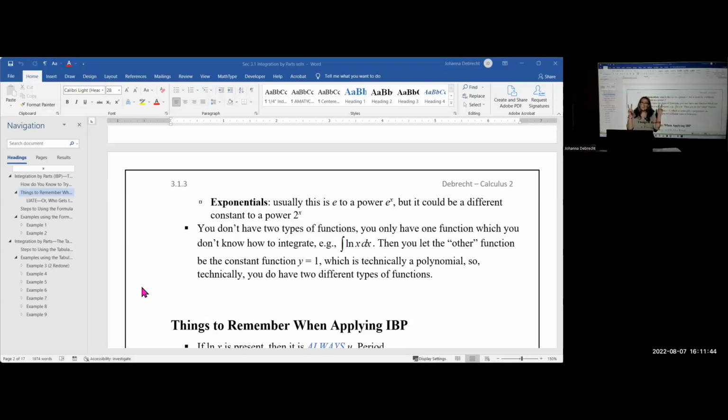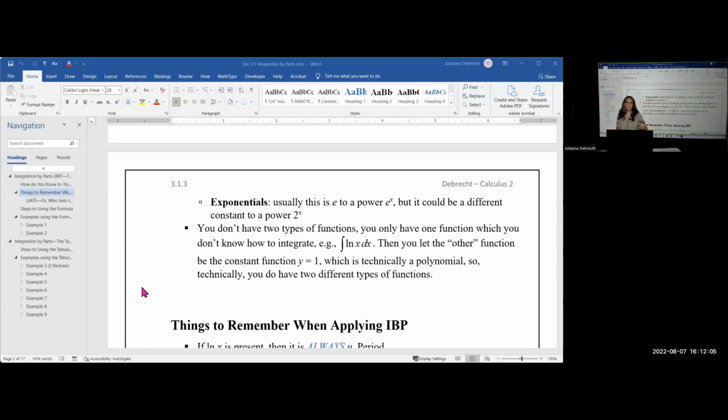So you let the other function be a 1. Well, actually, technically, 1 is y equal 1, which is technically a polynomial, so it's technically algebraic. So technically, you do still have two functions of fundamentally different types. You have natural log, and you have a 1.